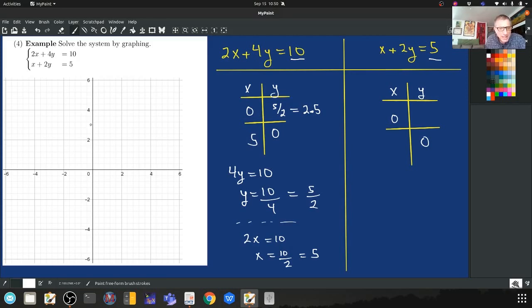So I'm going to say 3 is about right there, so about right there is 2.5. So there's this first point: x is 0, y is 5 halves. My next point is 5 and 0. And I'm going to say 5 is right there. How's that? And let's go ahead and draw our line.